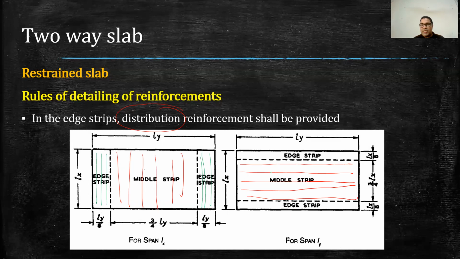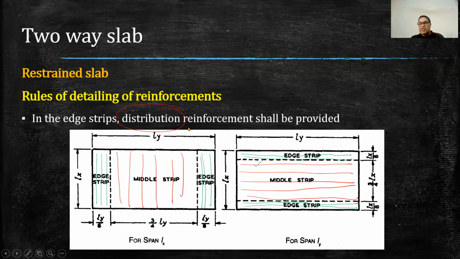Similarly, for the longer span also, distribution reinforcement will be laid along the edge strip like this. Similarly here also, they will be provided along with the main reinforcement. Okay, so this is how we will provide reinforcement in the restraint slab.